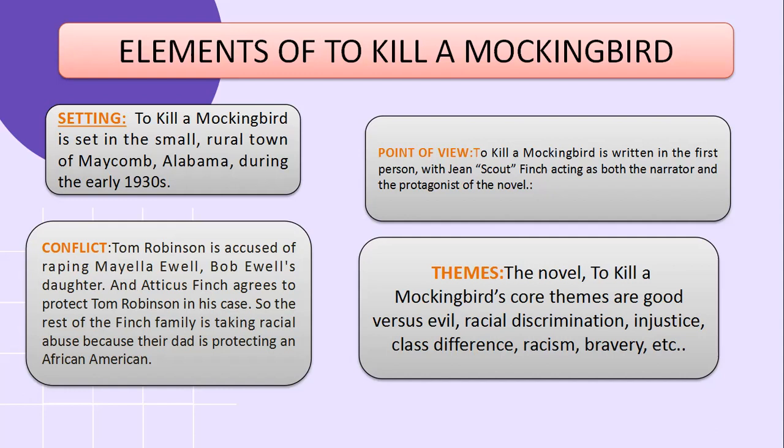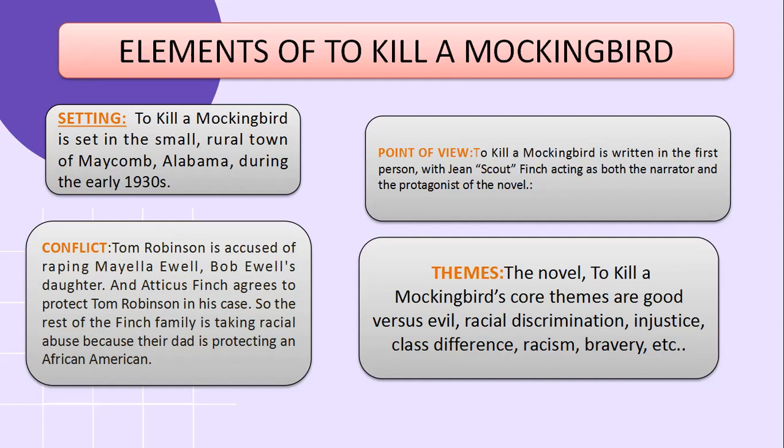Let's now come to the themes in this very relevant novel in American literature. The novel To Kill a Mockingbird's core themes are good versus evil, racial discrimination and justice, class difference, racism, bravery, etc. To Kill a Mockingbird is actually a very powerful story that conveys meaningful and important themes.